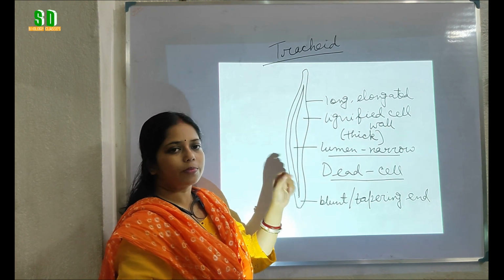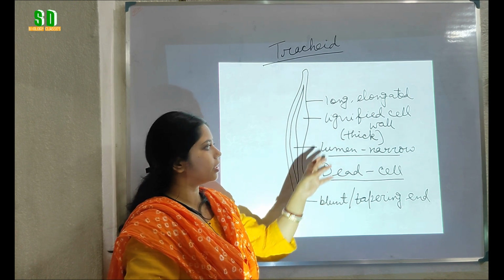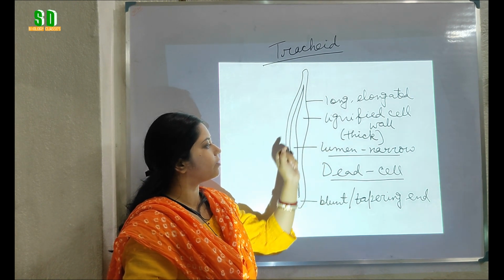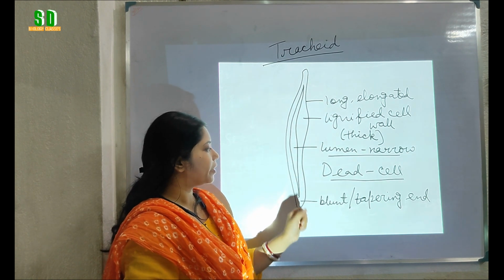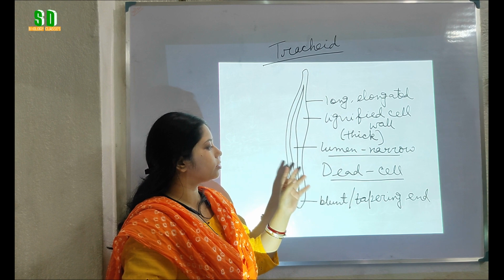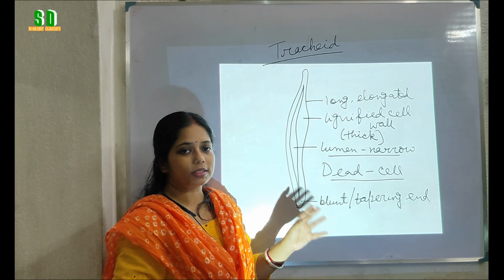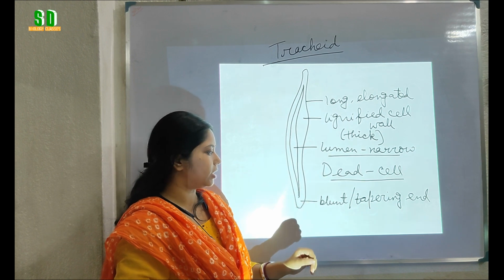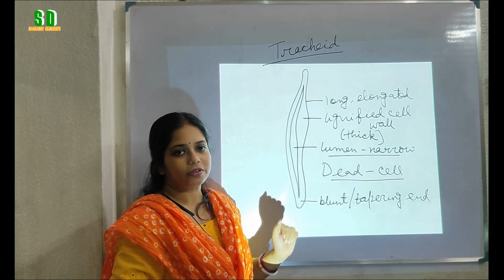The cell wall is made up of cellulose and a high amount of lignin, that is the lignified cell wall. The cell wall is very thick. As a result, the lumen becomes very narrow. At maturity, the inner part of the cell lacks protoplasm, so the cells are dead, and the ends are blunt or tapering.